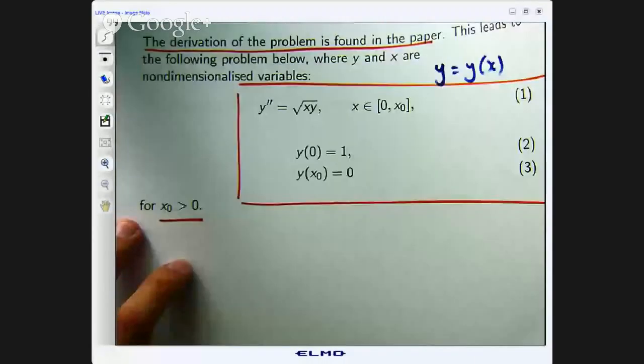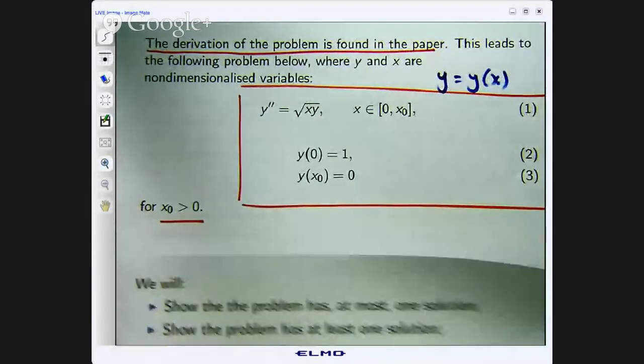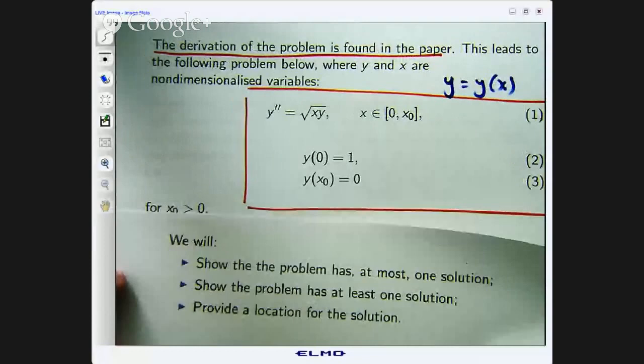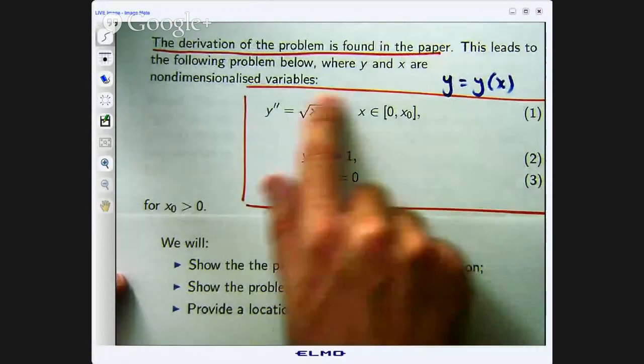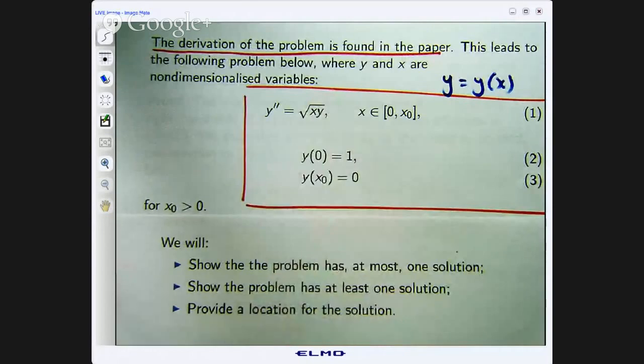So what are we going to do in this video? Well, I'm glad you asked. We're going to do 3 things. We are going to show that this problem has at most one solution. That means there's either no solution or one solution.